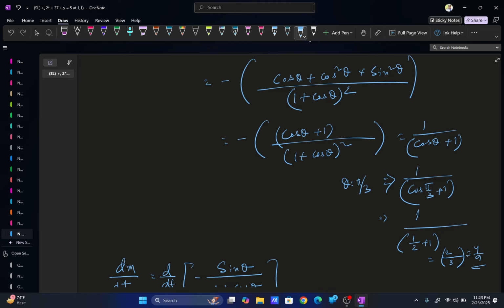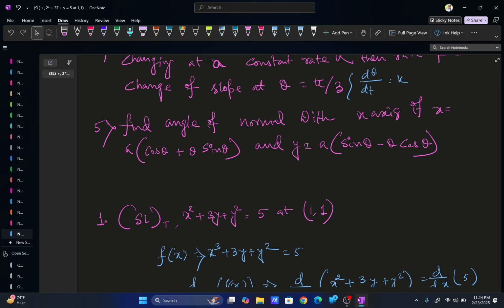The question is basically: find the angle of normal with x-axis if x equals a in bracket cos theta plus theta sin theta and y equals a in bracket sin theta minus theta cos theta. Okay, so how to solve the question from the previous case?